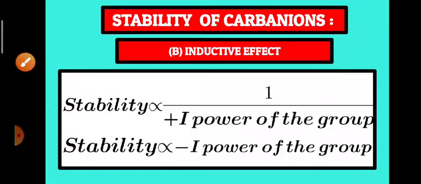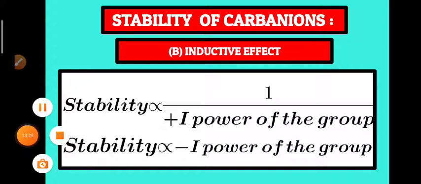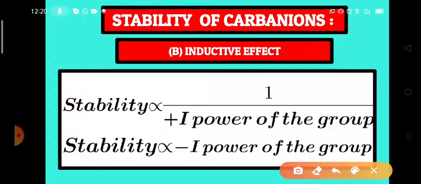Now we go for the inductive effect. Discussion about the inductive effect on the stability of carbanions. Here, the stability of carbanions is inversely proportional to the plus I power of the group, alkyl groups, or any other group.